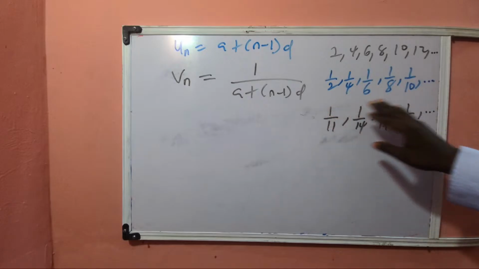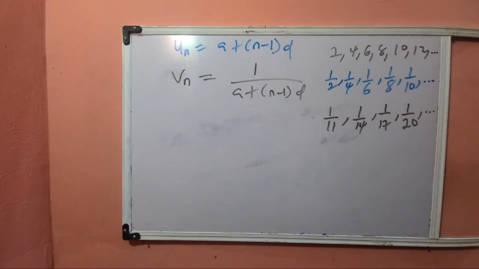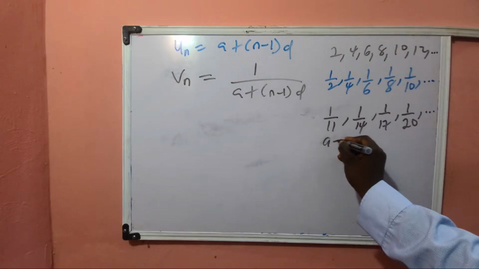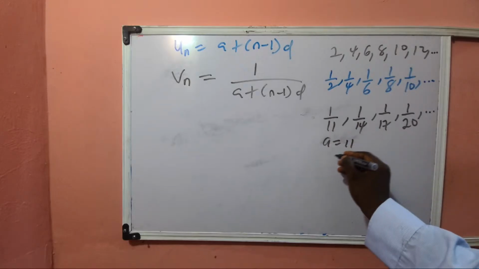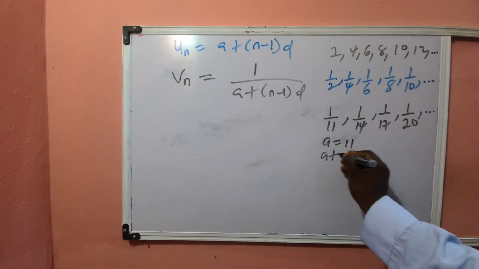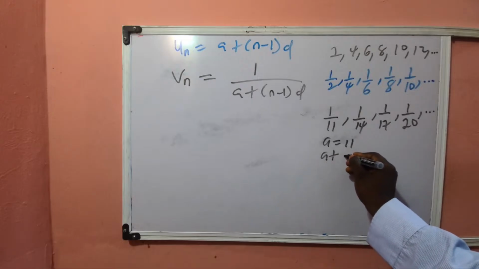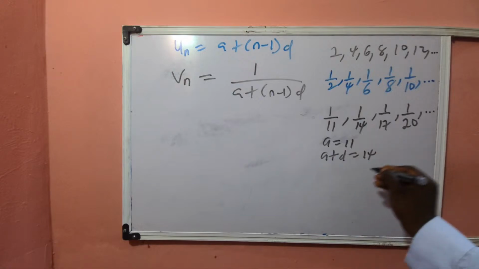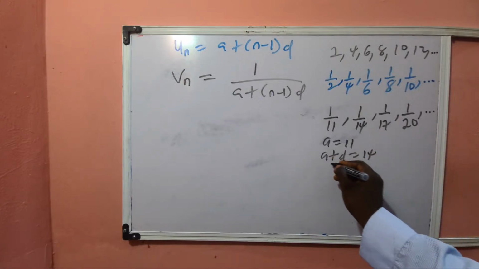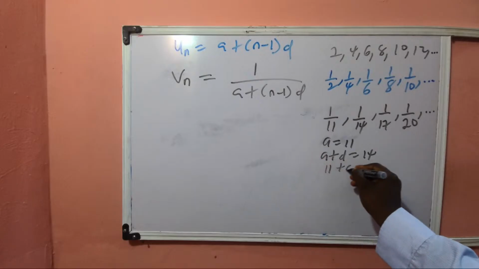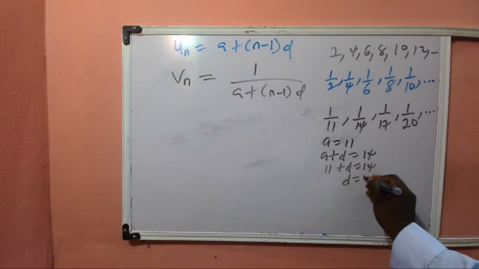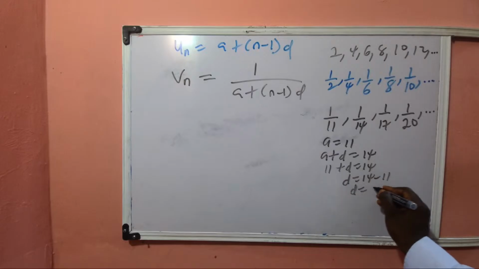So we have seen that all of these have 1 over. That first fact is noted. The next thing we need to prove is, does this follow an AP? Let's see what happens here. If we have our a to be 11, and a plus d is 14, then 11 plus d equals 14, so d is equal to 14 minus 11, which is 3.